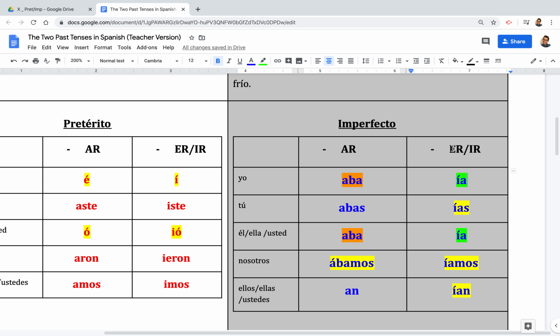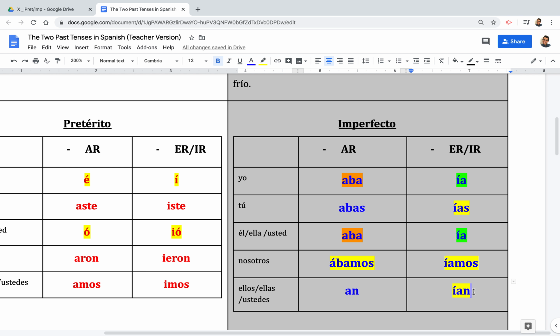So my endings for ER and IR verbs in the imperfecto are ía, ías, ía, íamos, ían. One more time, let's say it together. Ía, ías, ía, íamos, ían.